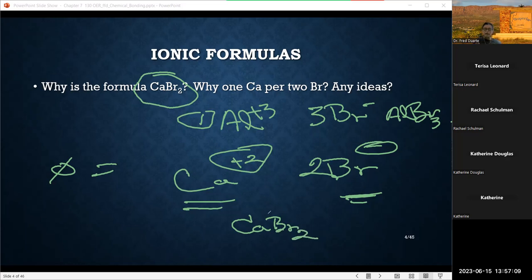Notice the naming too: aluminum bromide. We didn't say aluminum tribromide, we just said aluminum bromide. If it was a covalent compound, we could use prefixes to name them, but that's not the case. These are ionic compounds.